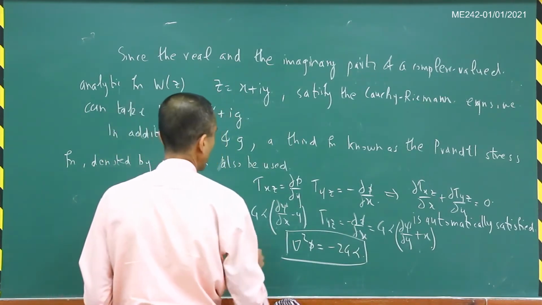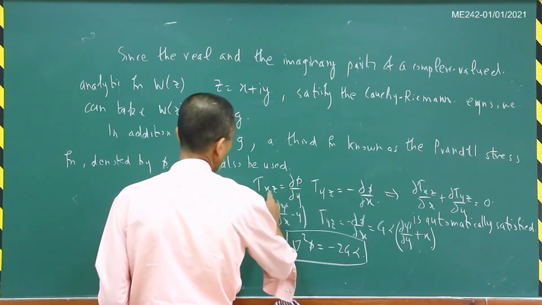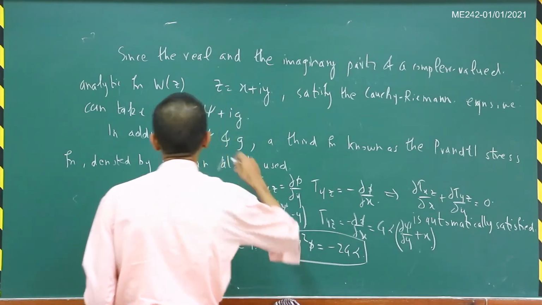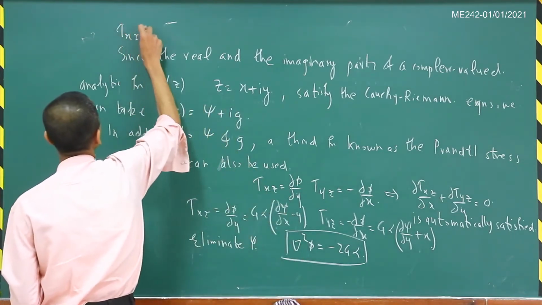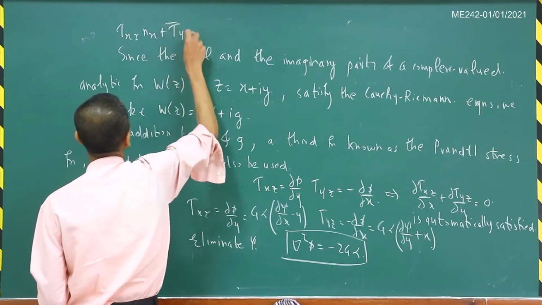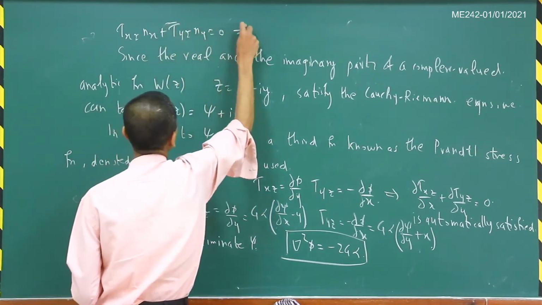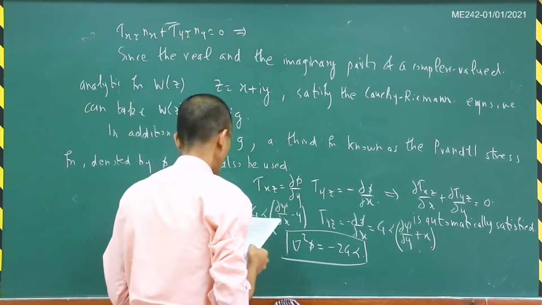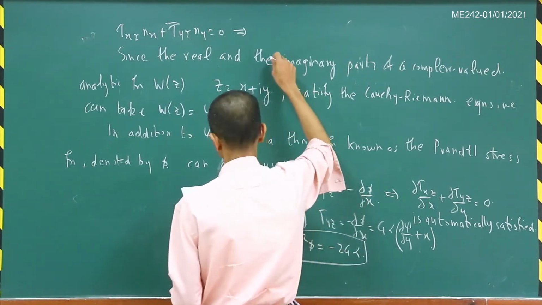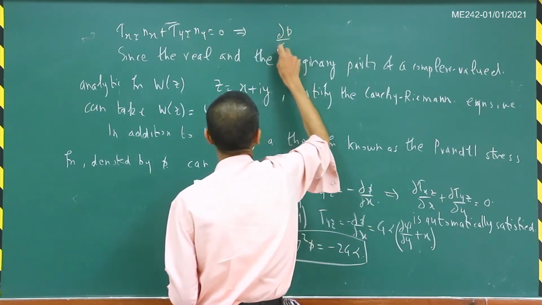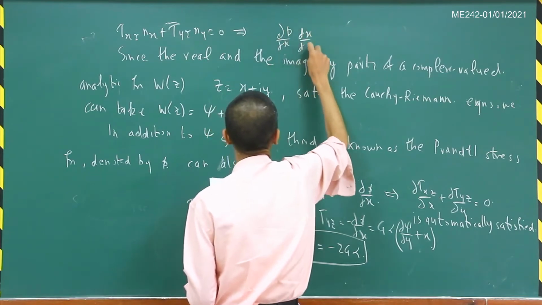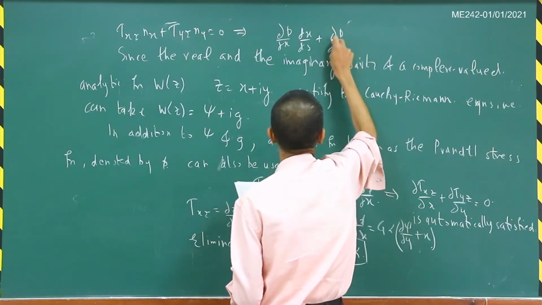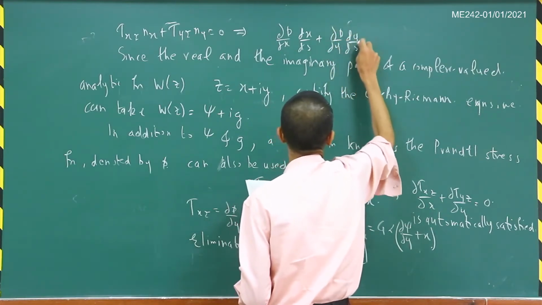And if you now substitute into the boundary condition, that is tau xz nx plus tau yz ny is equal to 0, correct? Then if you substitute for tau xz and tau yz into this expression, you will get del phi by del x times dx by ds plus del phi by del y times dy by ds is equal to 0.